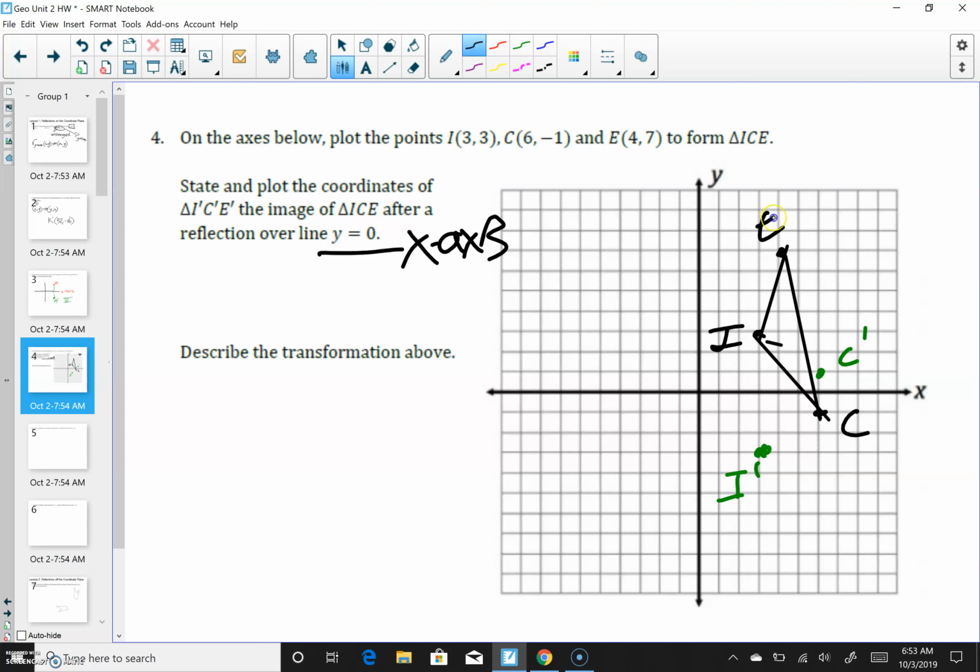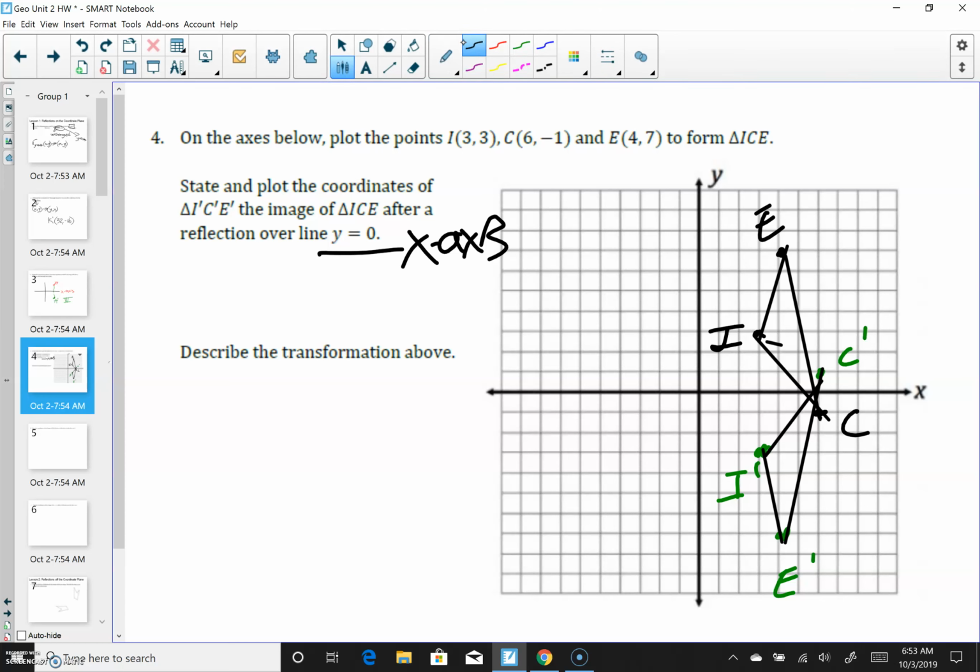For point E, we count down 1, 2, 3, 4, 5, 6, 7, and count down 7 again. There's going to be E prime. We'll connect all of those the same way. If it starts as a triangle, it needs to stay as a triangle. And there's our triangle reflected over the x-axis.